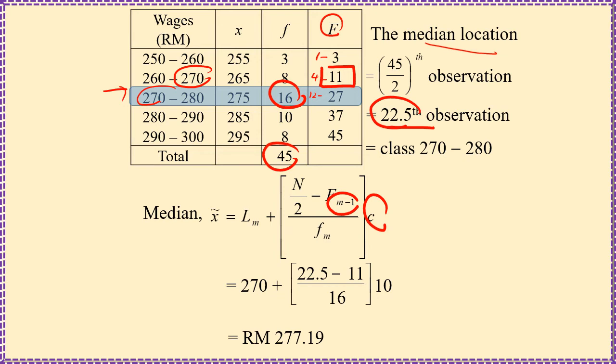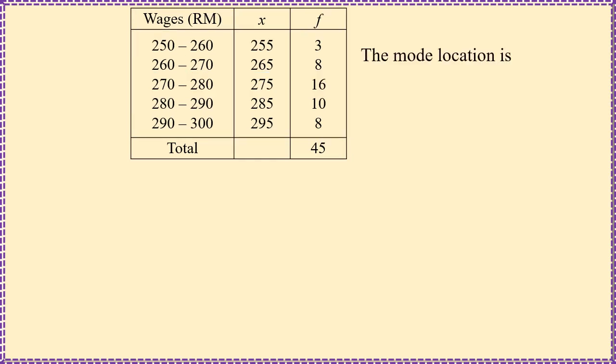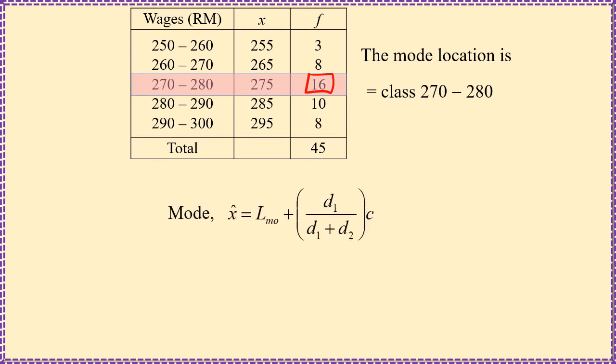Now the last one is the mode. For the mode, we need to find the modal class. Which one has the highest frequency, the most frequent? It should be 16 here. So the modal class is 270 to 280. Using the formula, we put the lower boundary of the modal class, which is 270.